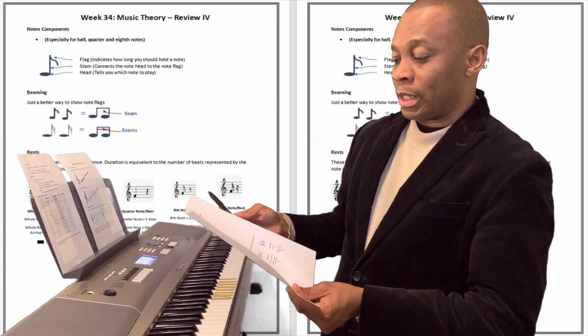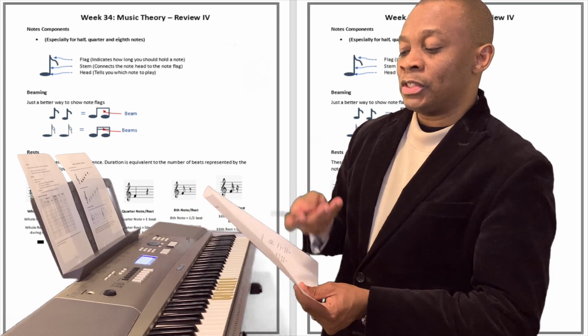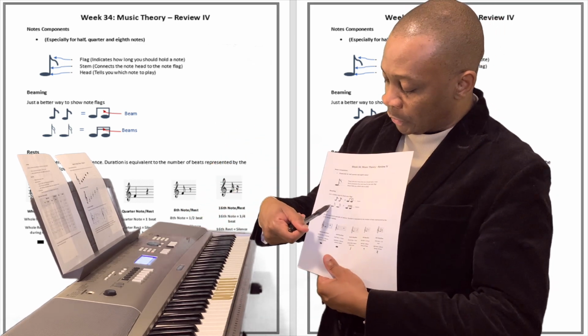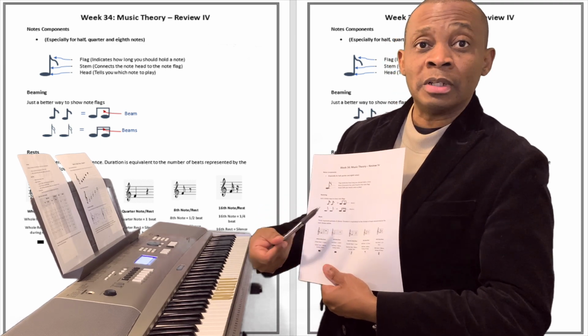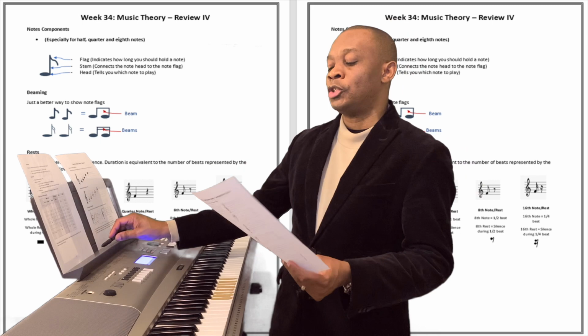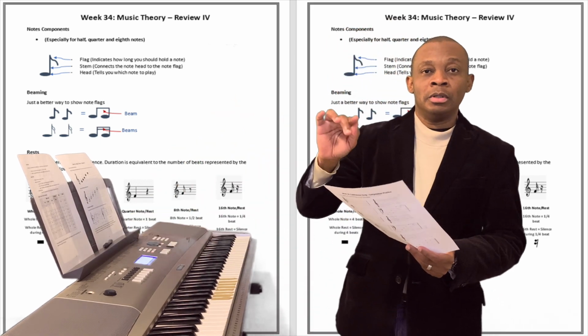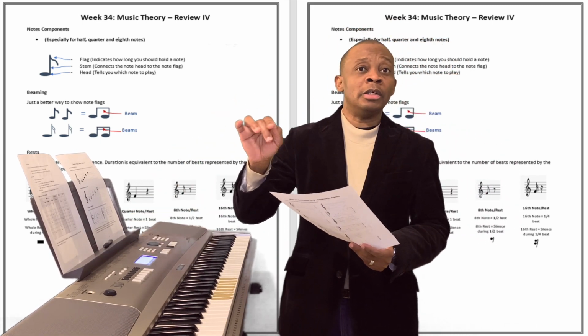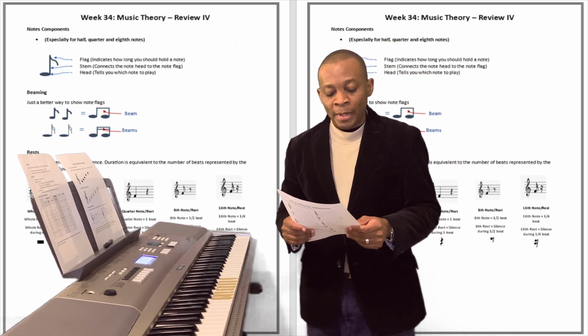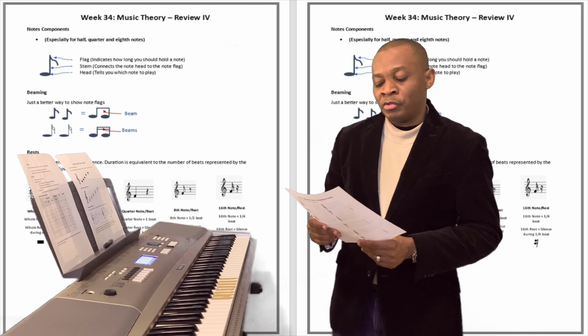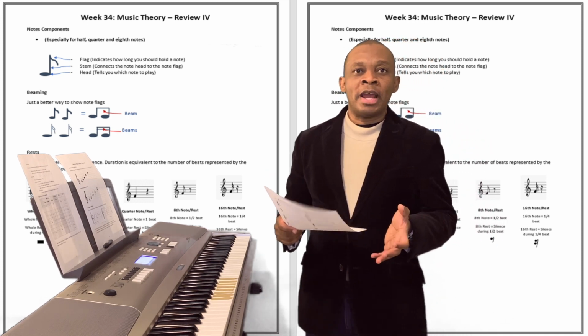And two 16th notes, you can write like that with two beams. So when you see an eighth note and another eighth note with a beam connecting them together, you know exactly what they're talking about.